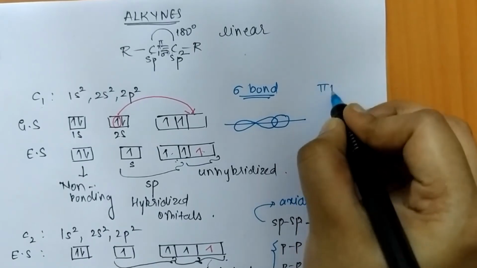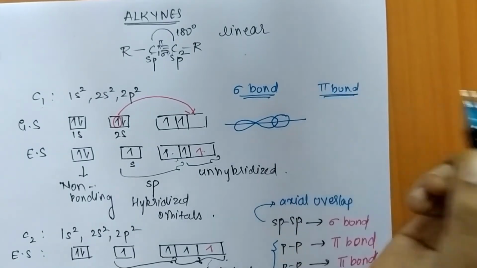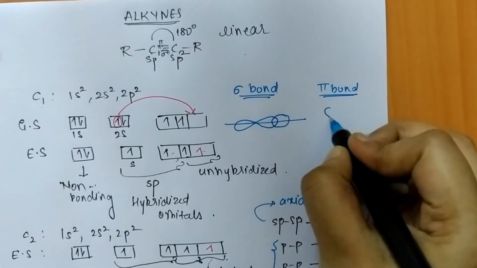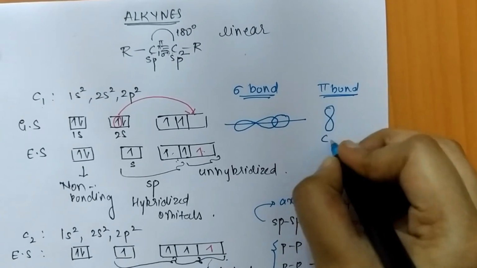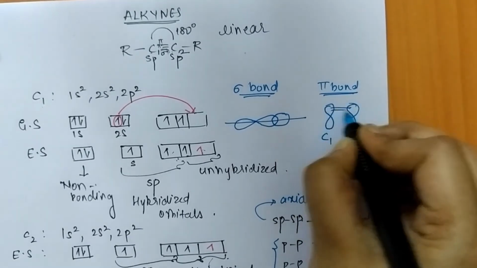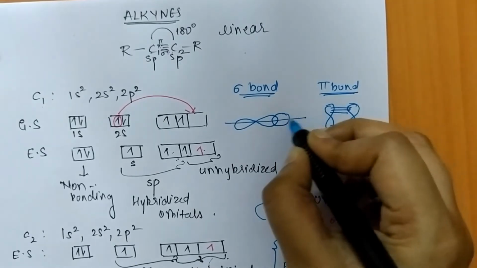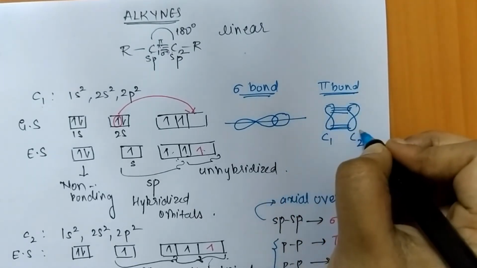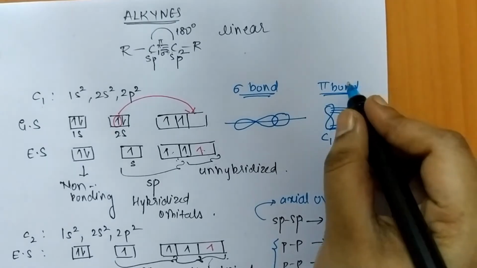But in the pi bond formation, since we have p orbitals, and p orbitals are dumbbell shaped, and we have two p orbitals, one p orbital from C1 and the other p orbital from C2, they are going to overlap in a lateral manner. It is not along the axis, instead it is in a lateral way. So therefore we are going to get a pi bond.